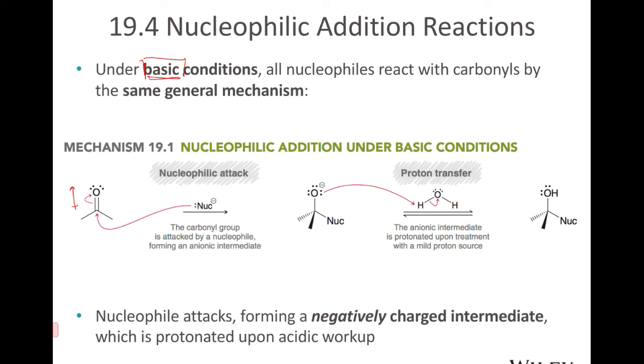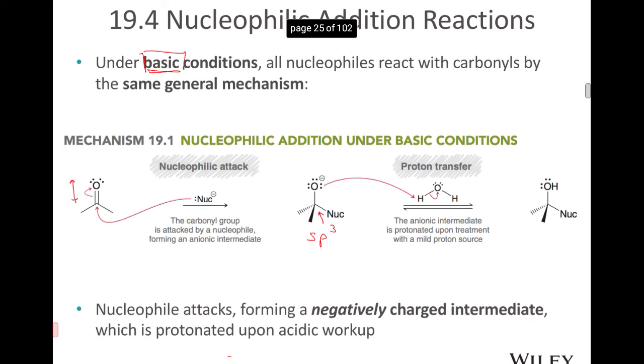It's going to nucleophilically attack the carbonyl, and I end up producing this tetrahedral, or sp3 hybridized, carbon. Then a proton transfer occurs at the end to produce an alcohol. So the nucleophile attacks, you get a negatively charged intermediate, and then it's protonated upon acidic workup. That would be step 2.